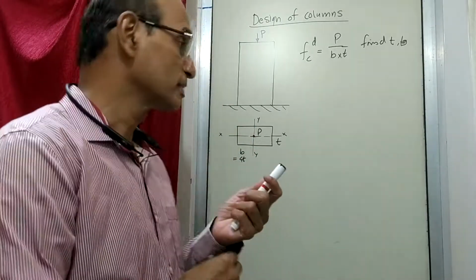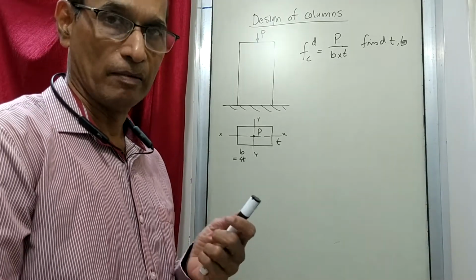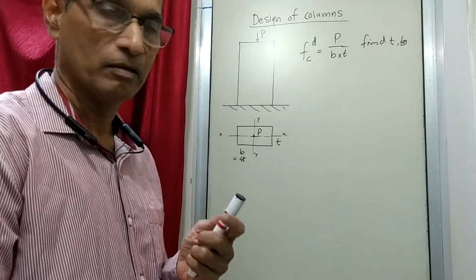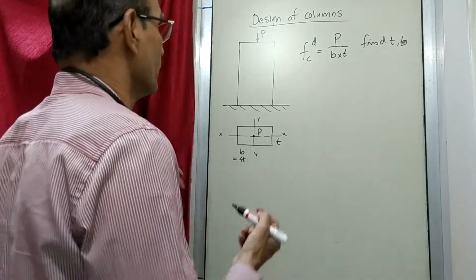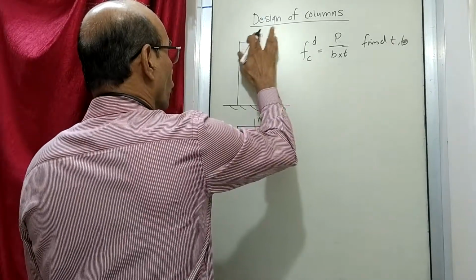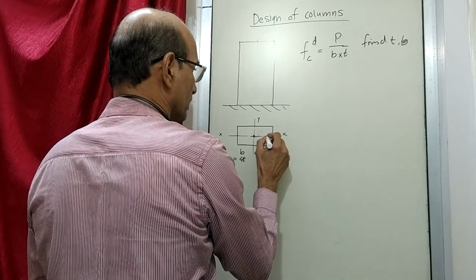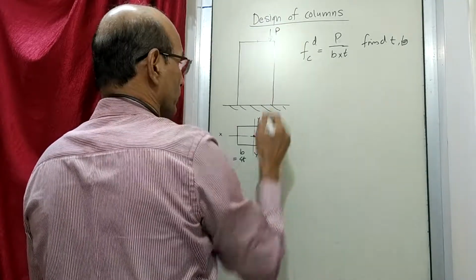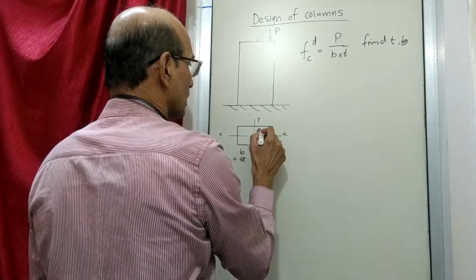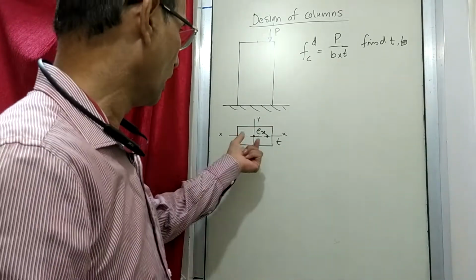Now let us see the various variations that might be there, and how we handle them. The first variation is that this load is not acting here, but it is acting here. This distance I will call Ex, the eccentric distance along the x-axis.